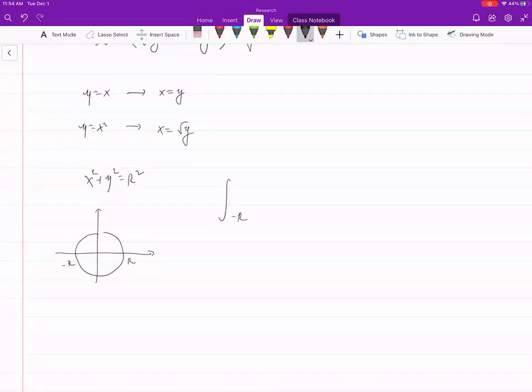That's going to be from negative r to r, square root of r squared minus x squared, that's your y, dx, and that will give you the area. And then you times by 2. If you go ahead and try to do the integral, this one should be pi r squared.